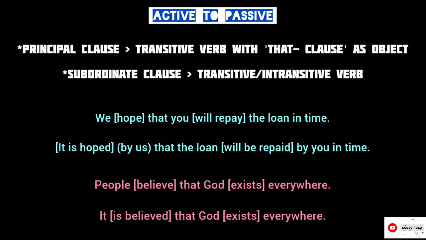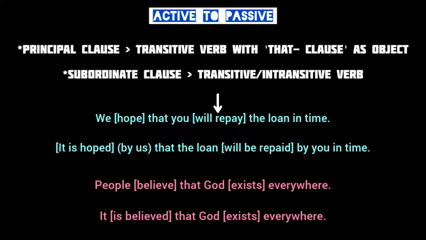For example, in the sentence, we hope that you will repay the loan in time, the entire that clause, that you will repay the loan in time, is the object of the verb hope. To convert such a complex sentence into the passive voice, we use the introductory subject it in the principal clause and the real subject of the principal clause in the active voice, we, is written in the by phrase, by us.